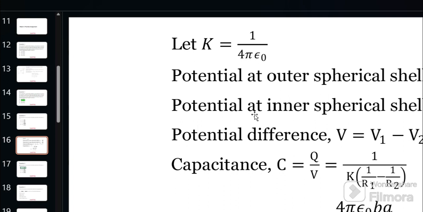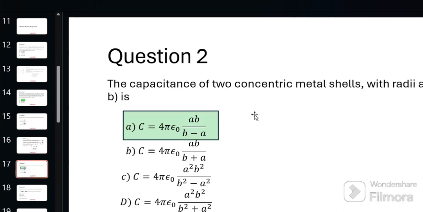Again the same we do for the second shell. We find out the potential difference, and then we resubstitute the potential difference in the capacitance equation, and then we get the equivalent capacitance of the entire system.